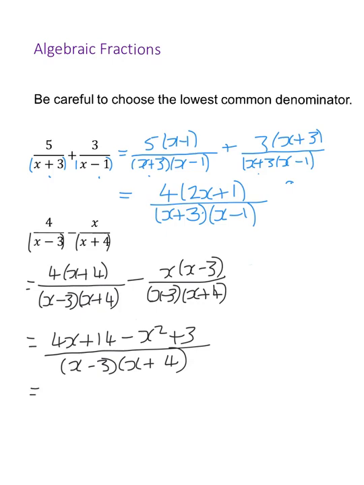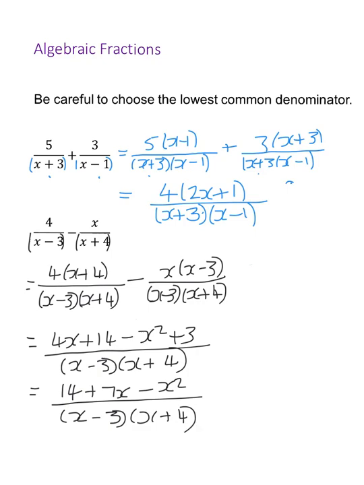Simplifying that through will give me 14 plus 7x minus x squared all over x minus 3, x plus 4.